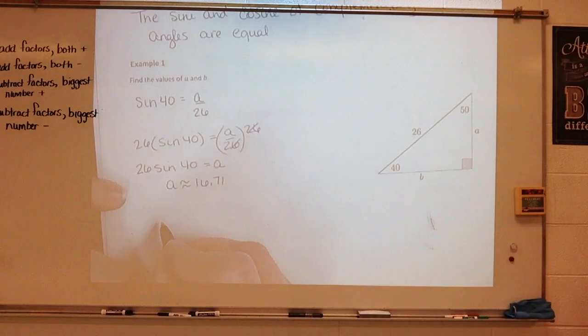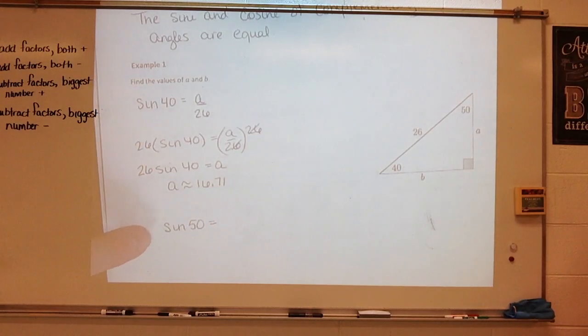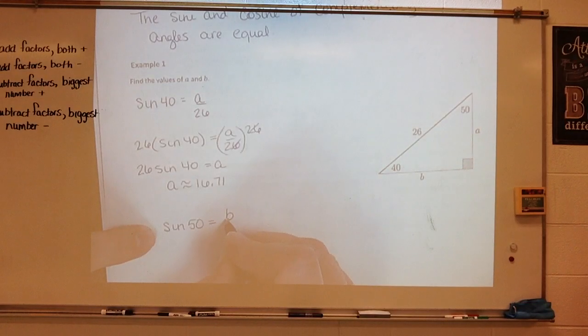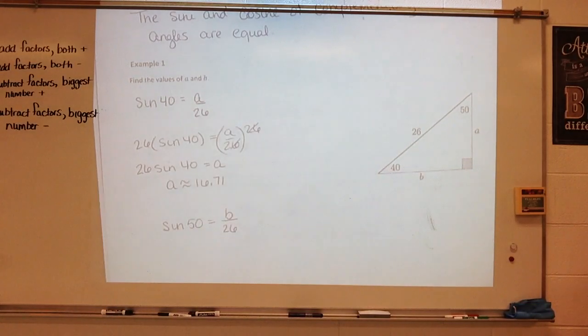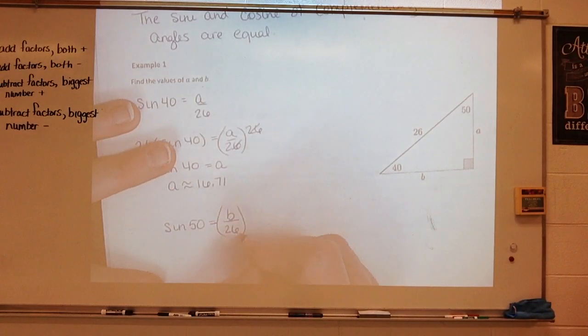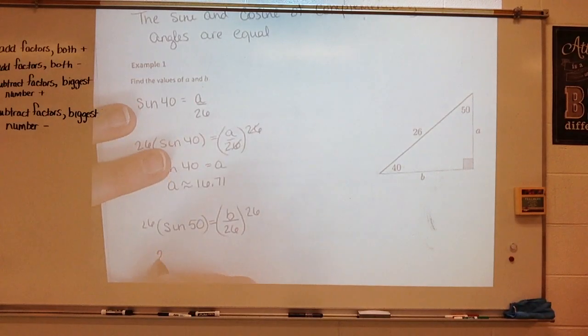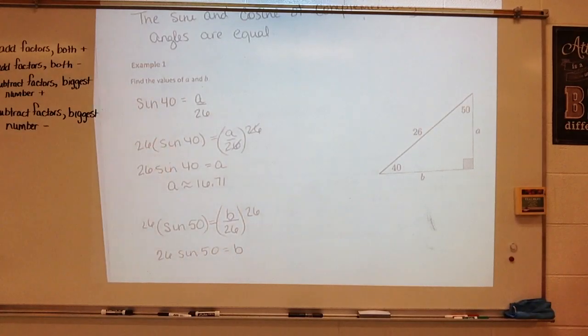So let's go ahead and use the sine of 50. The sine of 50 is opposite B over hypotenuse, which is 26. Remember I can multiply everything by 26, and that gives me 26 times the sine of 50 is equal to B.